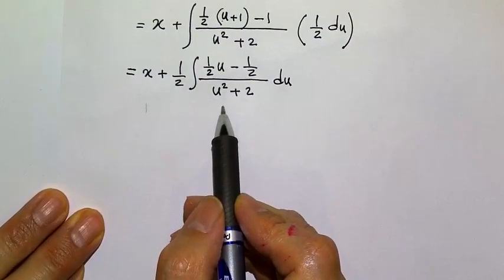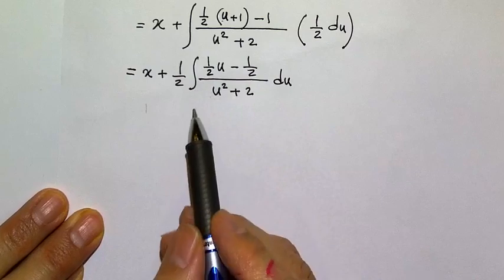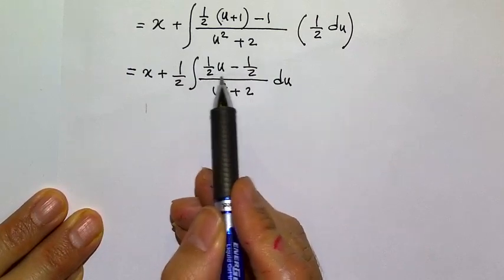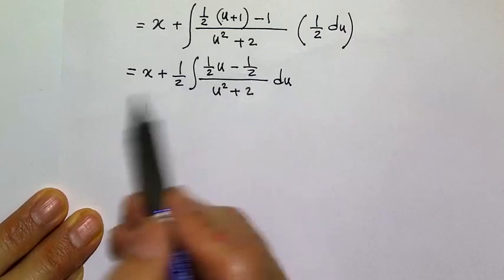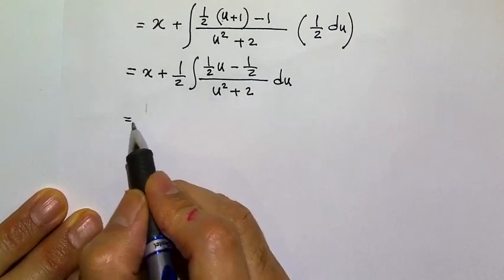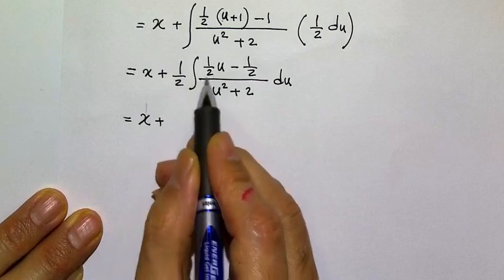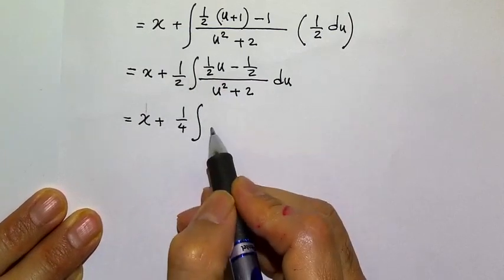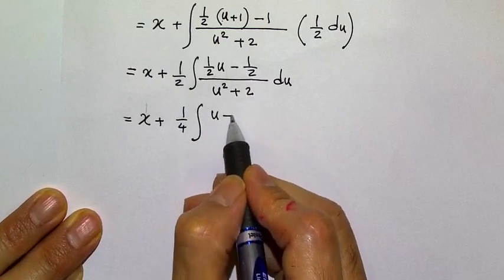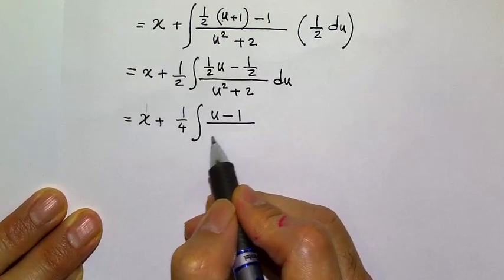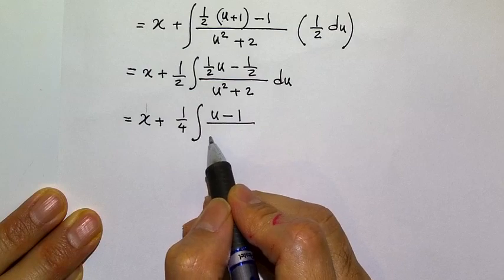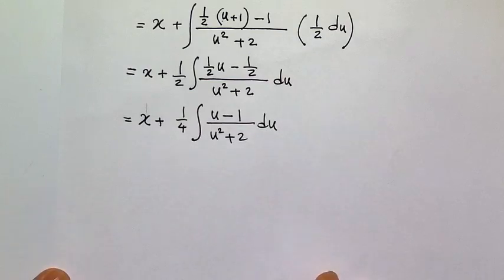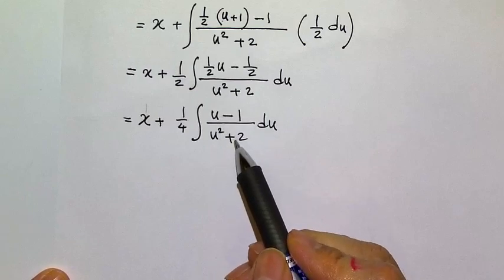And then here, let's factor out 1/2 from the numerator, right? It's now a complex fraction. When we factor that out, it's going to look a lot better. So x plus 1/4 times the integral of (u minus 1) divided by u squared plus 2 du. Now we can break this up, right?